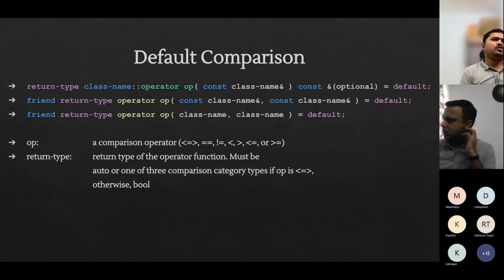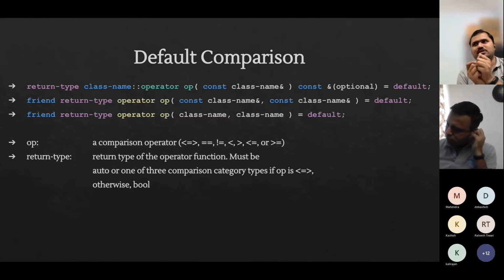So what happens with the spaceship operator when it generates the default? When we generate the default, it basically lexicographically compares the members. When I say lexicographically, it is in declaration order. Let's say you have 3 or 4 members. On the first declaration, let's say there is a member value 1.